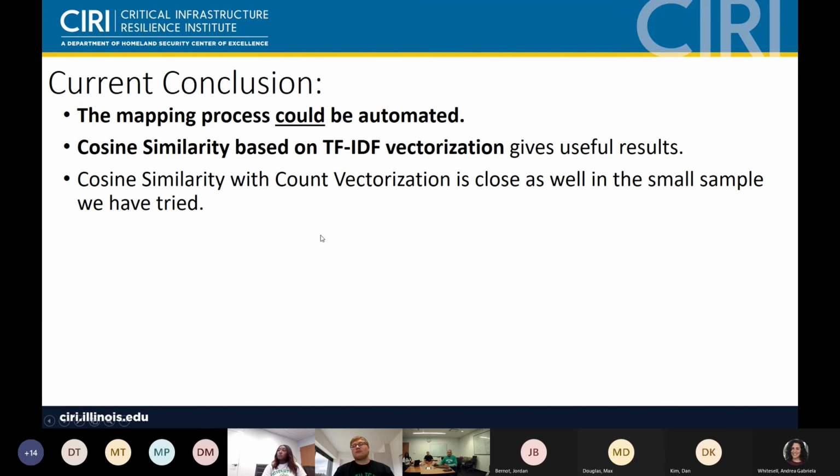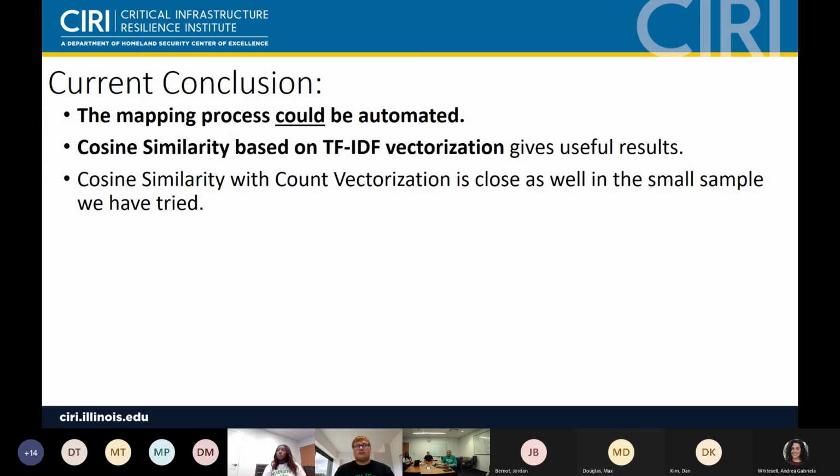So from all these various experiments, our current conclusion is that the mapping process could be automated, and as of now, the cosine similarity based on TF-IDF vectorization seems to give the most useful result.